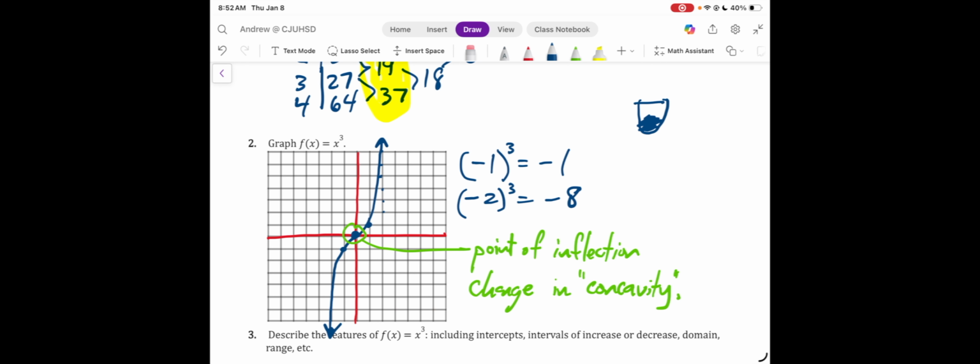But if we turn it upside down, and all the water comes splashing out, we would say that that cup is concave down. Well, there's a change in concavity of the graph at 0, 0. See, to the left, it's almost like it's spilling water. And to the right, it can collect water.